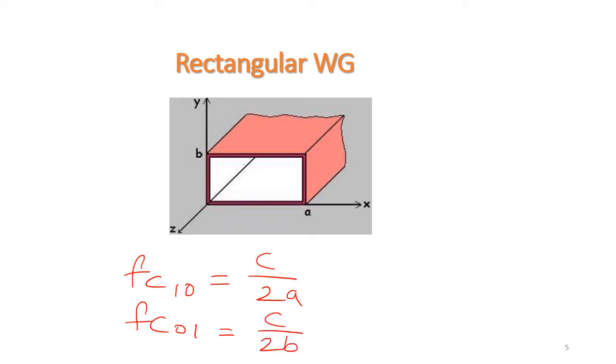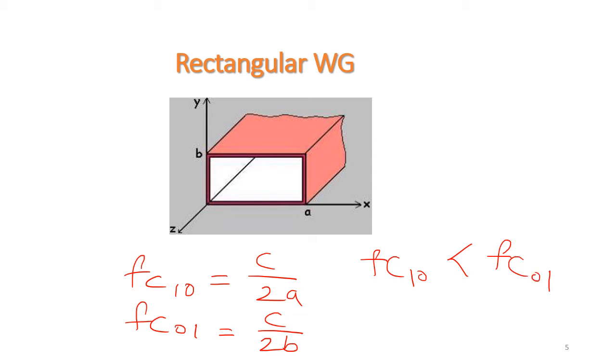Now, if you compare the dimensions, a has a larger dimension and b has a smaller dimension. So as a is larger compared to b, fc10 will be small and fc01 will be large.